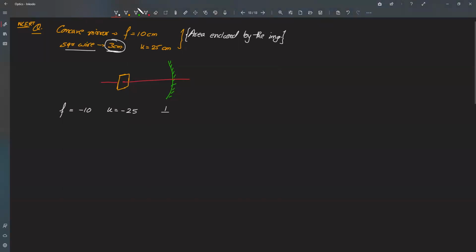We have to find V. 1 by V is equal to 1 by F minus 1 by U, which is -1 by 10 plus 1 by 25. The LCM is 50: -5 plus 2, so that is -3 divided by 50, or V is equal to -50 divided by 3.